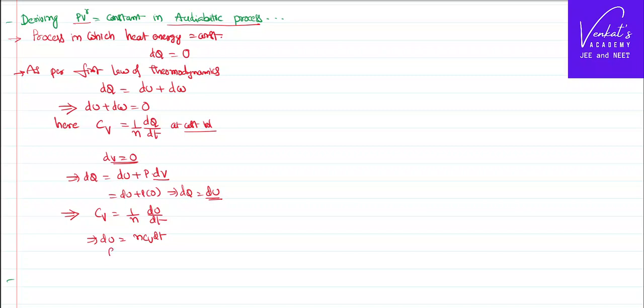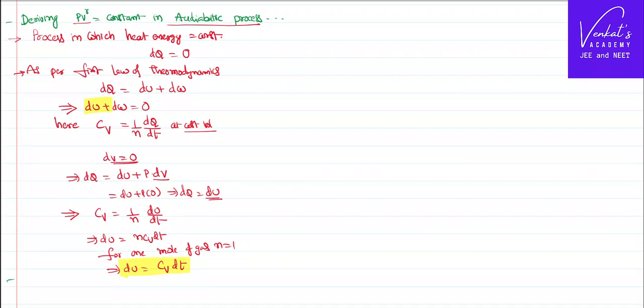If we consider 1 mole of gas, n equals 1, that implies dU equals Cv dT. Once we know the value of dU, I can substitute it into this equation.